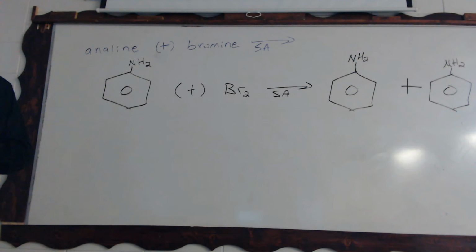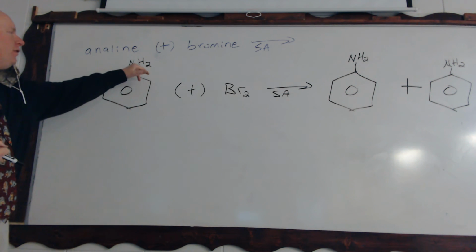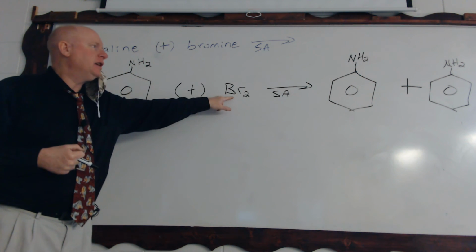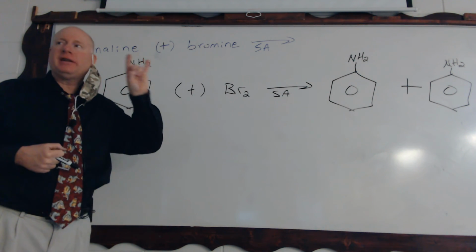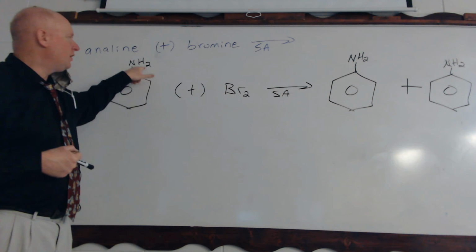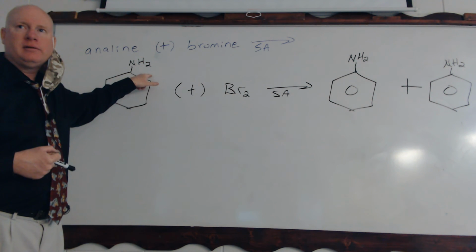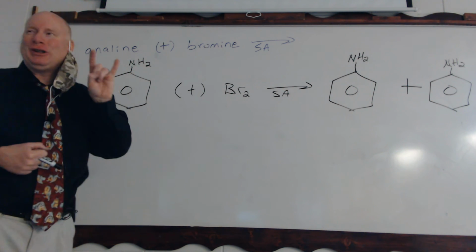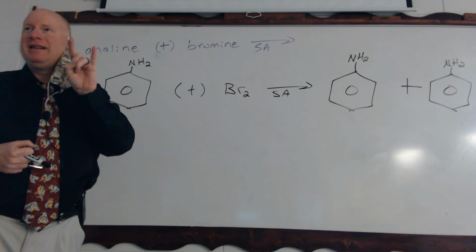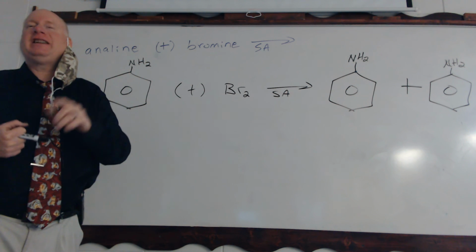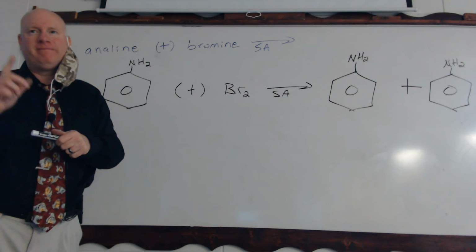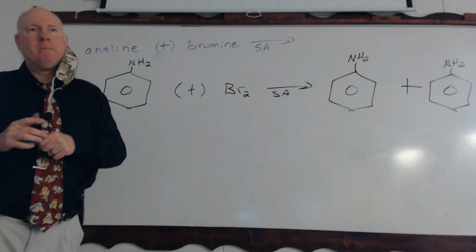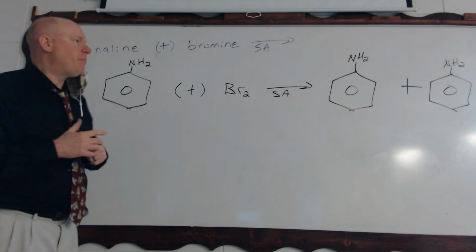I do too, yeah. So that amino group is going to tell this bromine where it's going to attach. And when you said two products, that's right, because this is what type of director? We said there's two. Just guess. Nope, not meta. It's ortho and para directors.